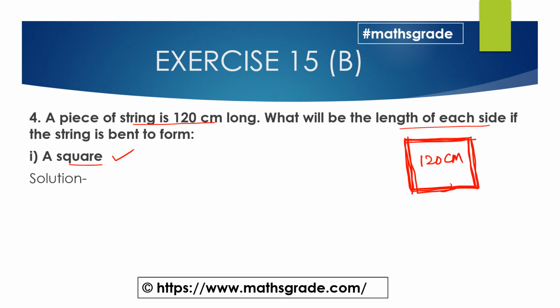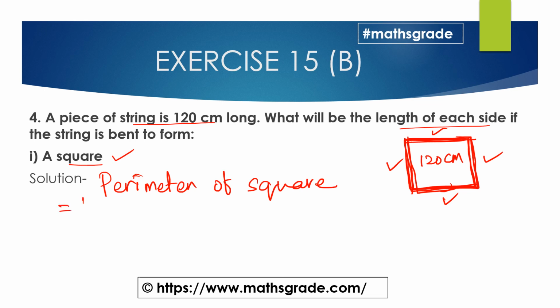We have to find out the length of each side. We know in a square all the four sides are equal. So perimeter of square is 4 multiplied with length of one side.